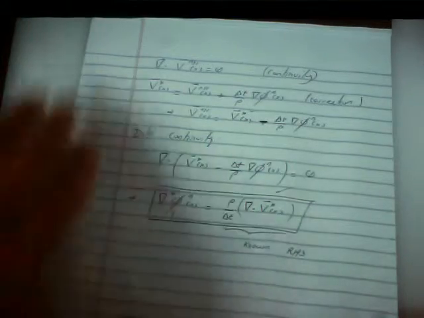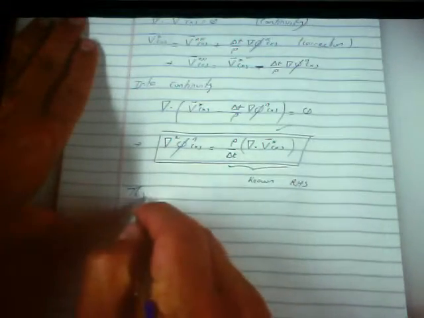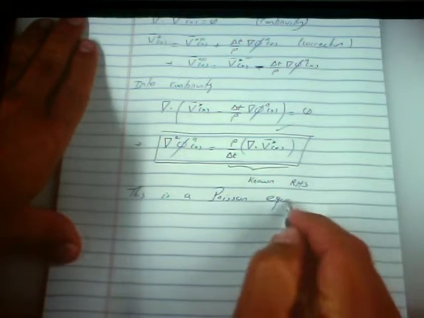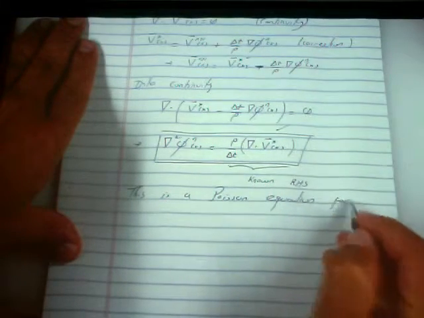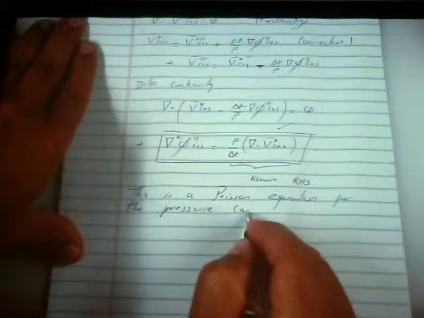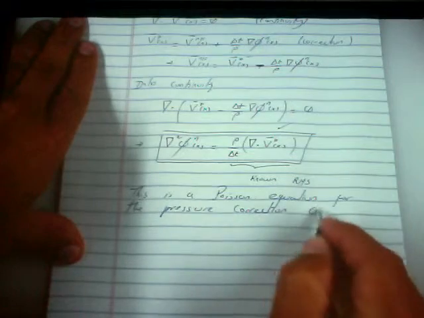This is a Poisson equation for the pressure correction Pn of x.